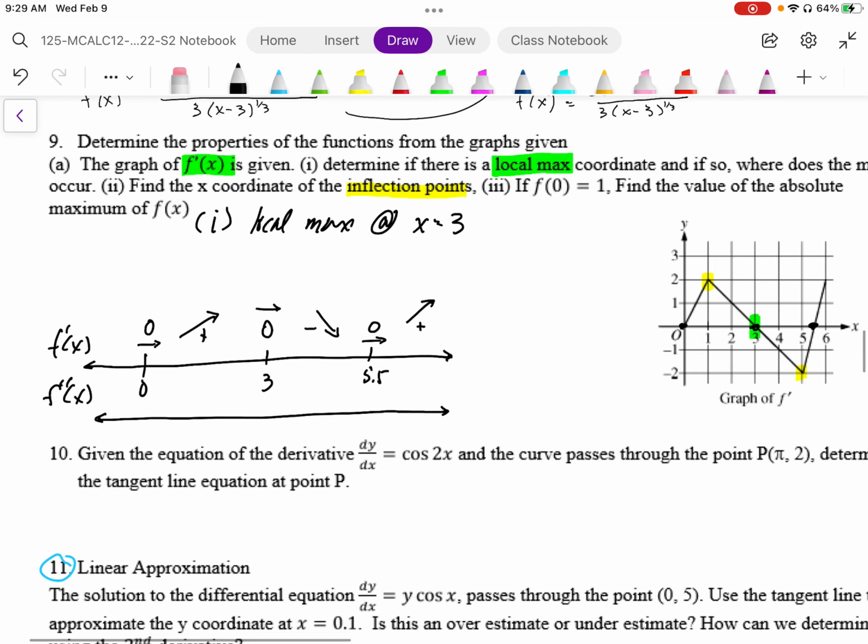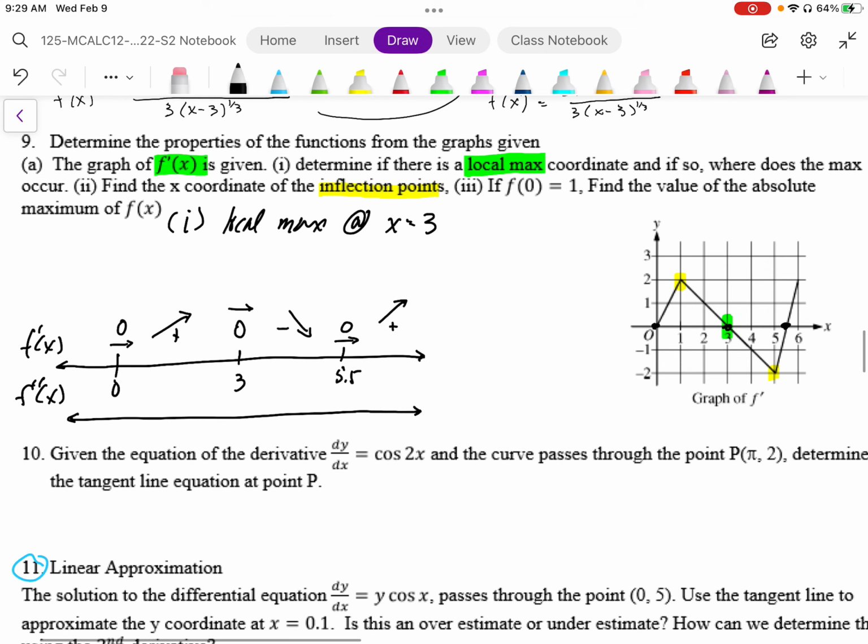For the x coordinate of the inflection point, we need to look at the second derivative. To get an indication of the second derivative, we look at the slope on the slope graph. Where it changes slope are potential points of inflection. In yellow, we can see there is a change in direction there.